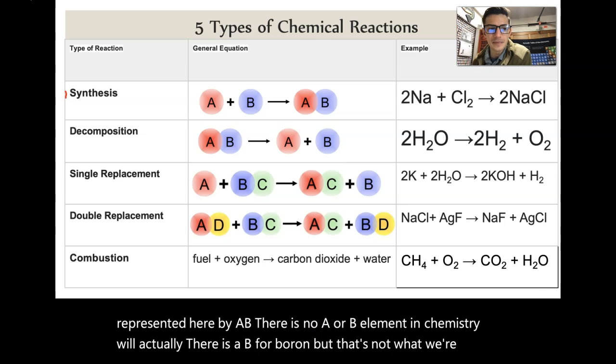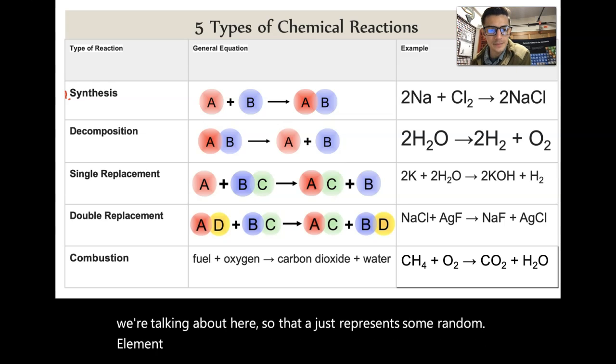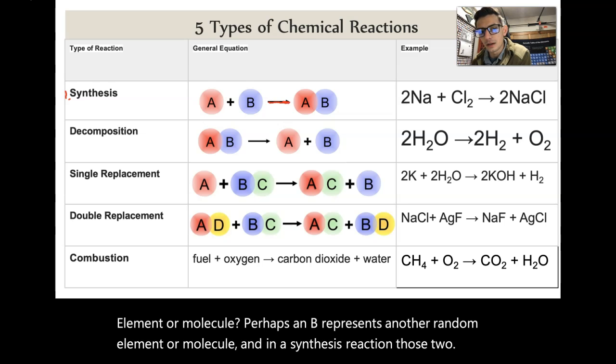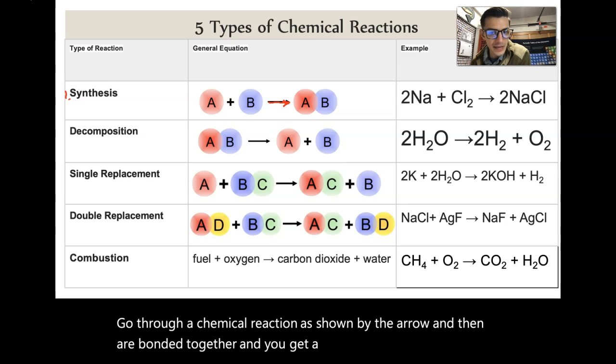So the A just represents some random element or molecule, perhaps, and B represents another random element or molecule. And in a synthesis reaction, those two go through a chemical reaction as shown by the arrow, and then are bonded together, and you get a substance we call AB.